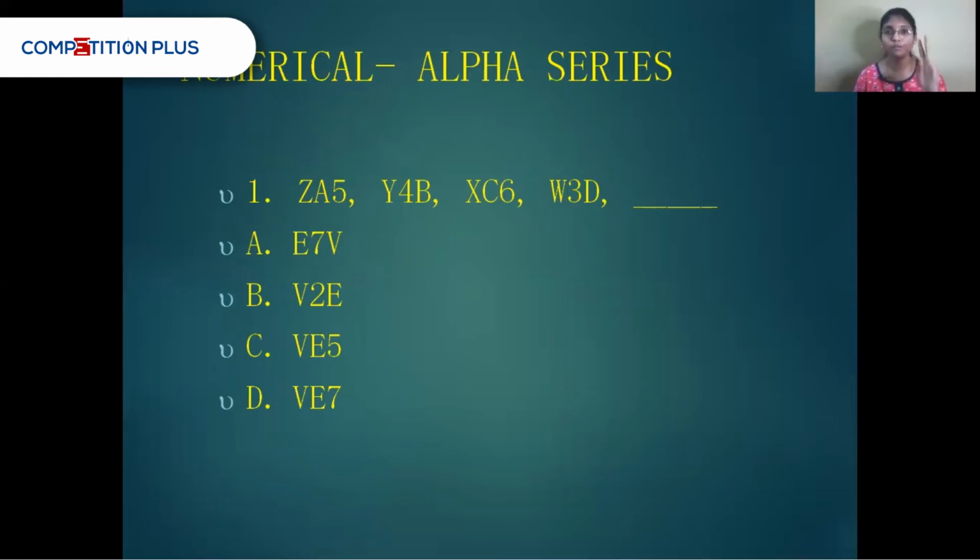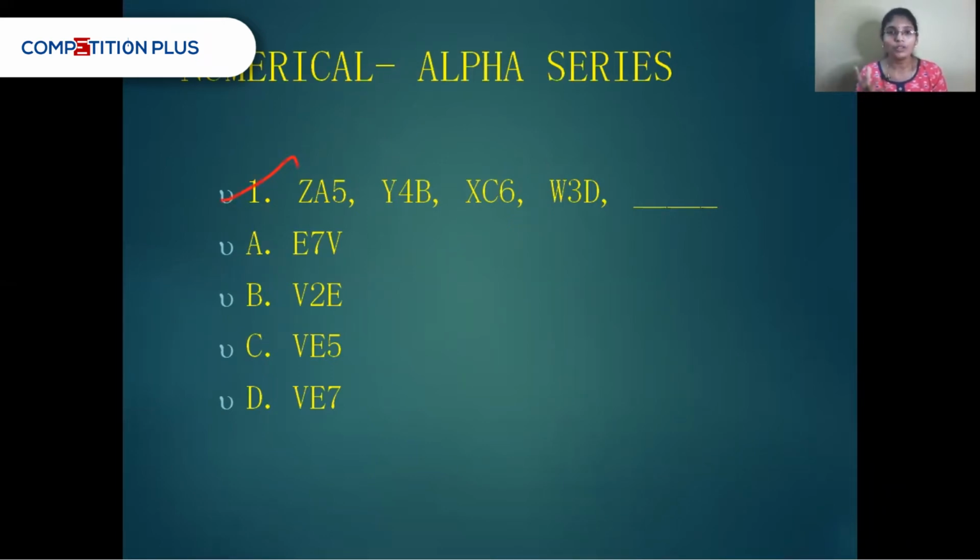You have to check for both and then confirm the pattern of the given series question to proceed. Let's solve some sums so that you can get an idea. Look at your first question. Z A5, Y 4B, X C6, W 3D.